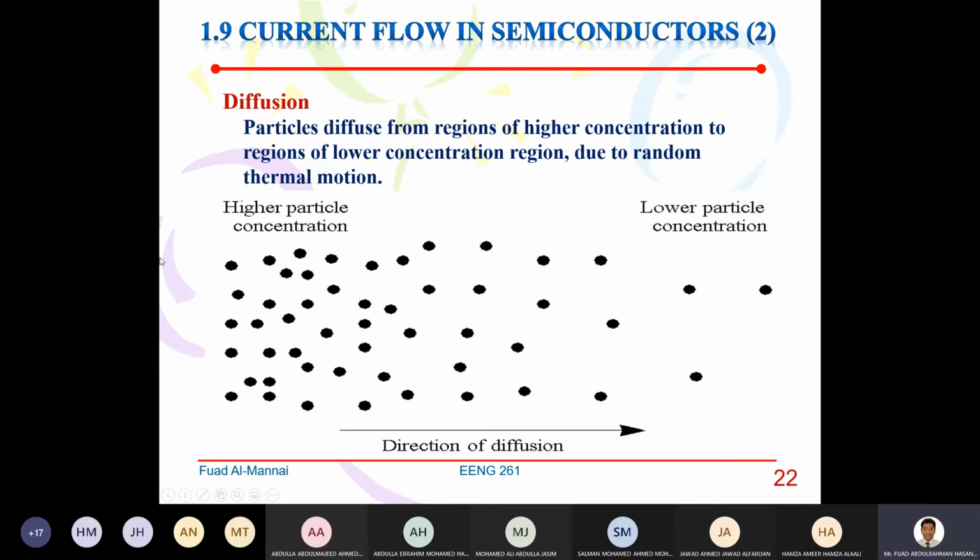So if you have a piece of silicon and you drop a high impurity concentration on one end and wait for a while, whatever you drop at one end will diffuse slowly to the other end. So over here to the left will be higher concentration, and over here will be lower concentration, and this is the direction of the diffusion.